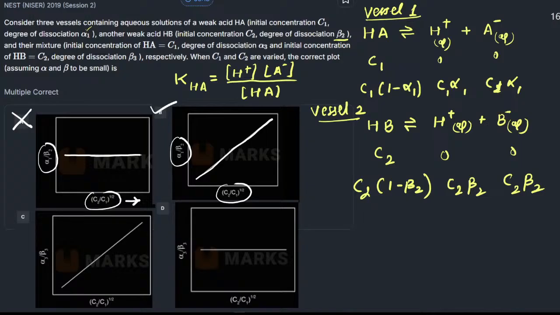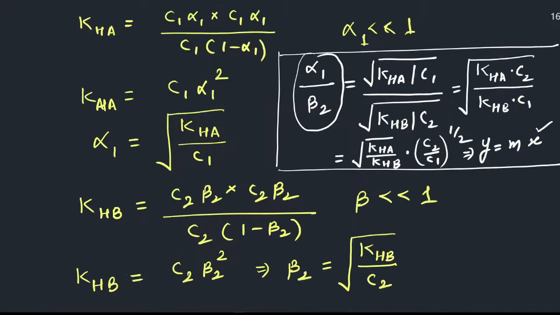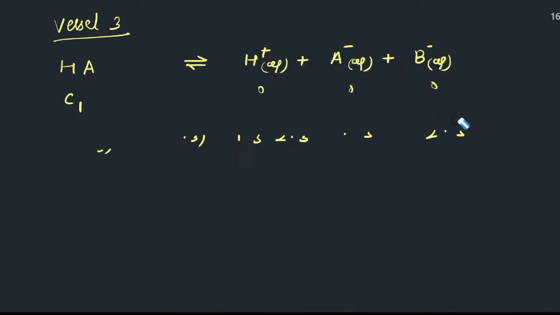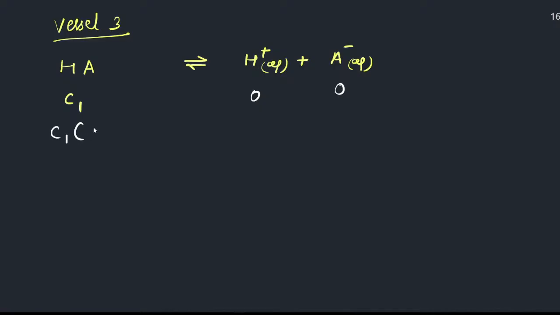Now come to alpha 3 and beta 3. So they are treated separately, when vessel 3 is a mixture. So HA, again the same relation. Concentration C1, 0, 0. It is C1 (1 minus alpha 3) in the mixture. C1 alpha 3, C1 alpha 3.